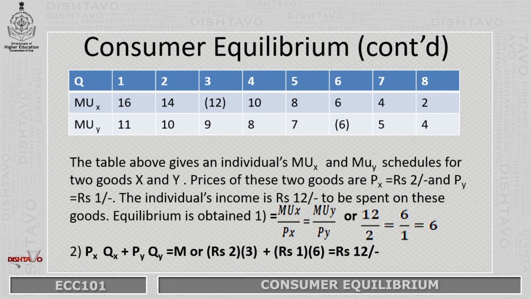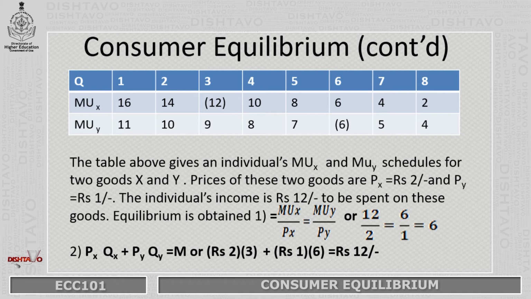The price of x is 2 and the price of y is 1. See that the 12 rupees is spent in such a way that the last rupee spent on these goods is equal for all pairs of goods. Then only you can say that the consumer is in equilibrium.